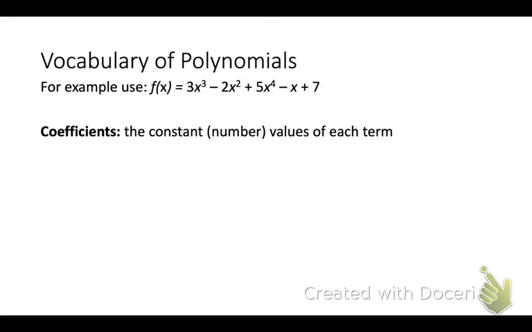So we've got terms, we've got writing in standard form, and we've got coefficients of each of the terms: the constant value for each term, the number in front of the variable. What would be the degree of this 7 right here? 0, right? Because there is no x. x to the 0 is just 1, so it makes it go away. All right, so we've got coefficients, and the leading term.